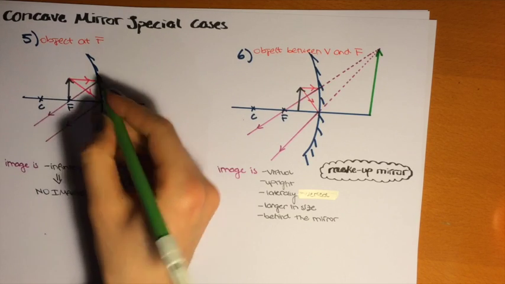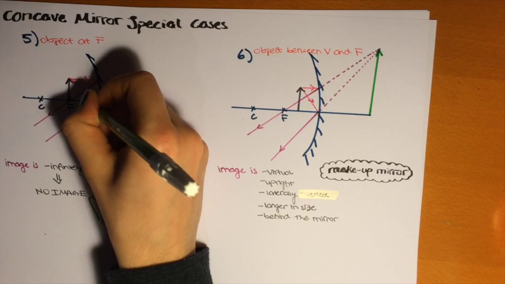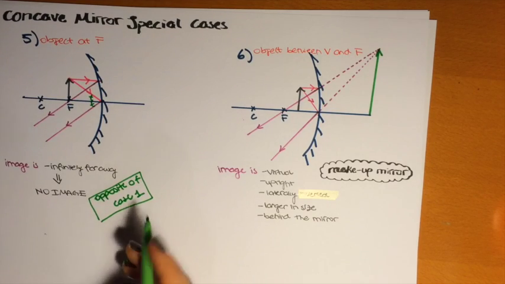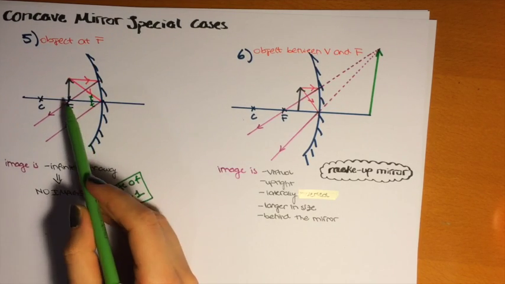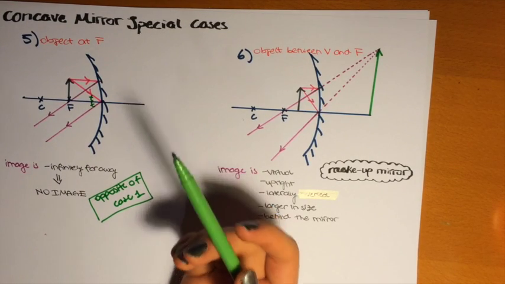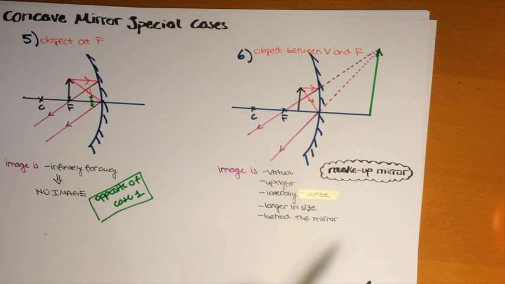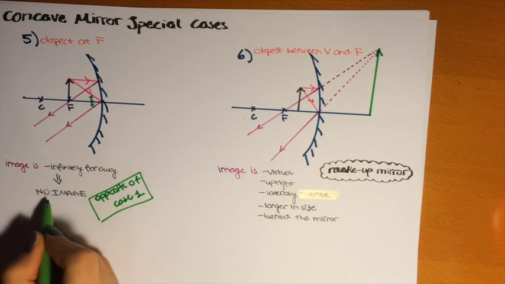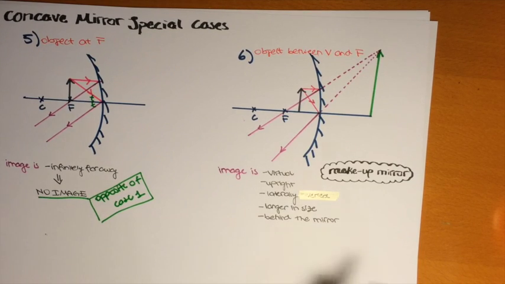And then when I send it to the vertex, it reflects with the same angle. And here, these two lines are parallel, so they don't coincide at any point, which means my image will be infinitely far away, and we call this no image.